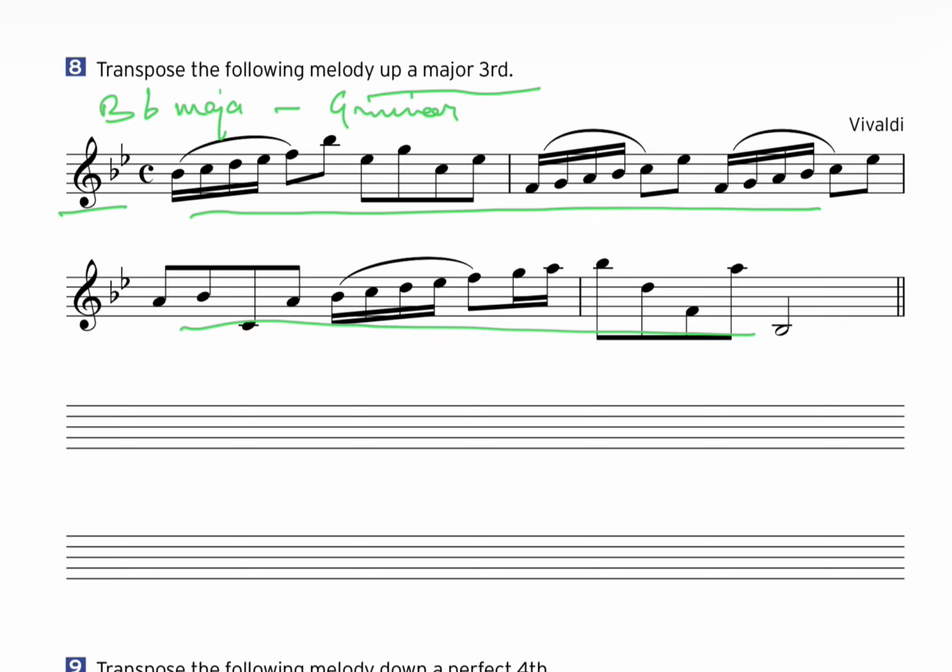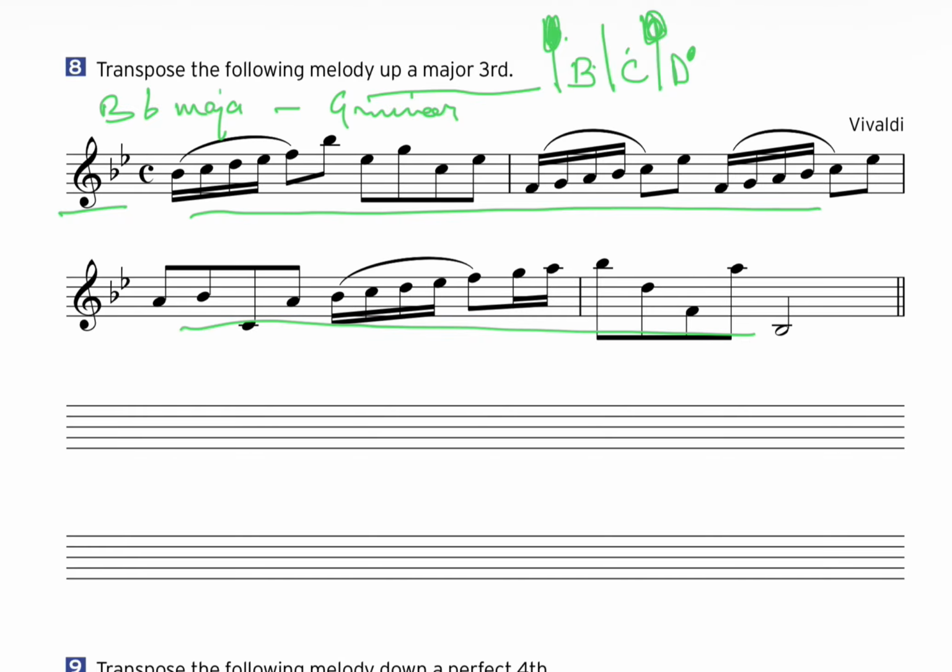So let's find out if we transpose it up a major third. We'll start from B flat, C. Okay, from B flat we count 1, 2, 3, 4. We'll finish on D major.